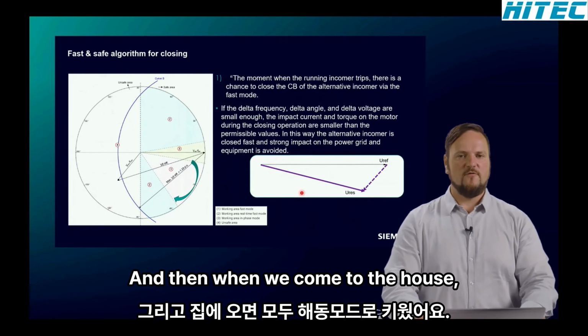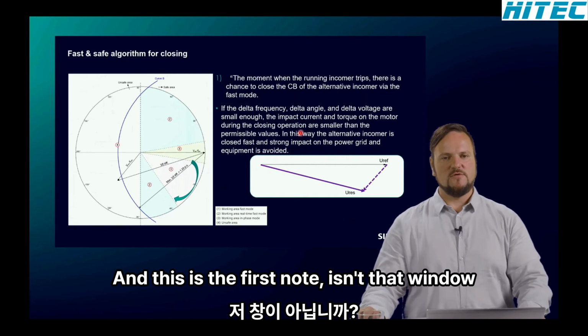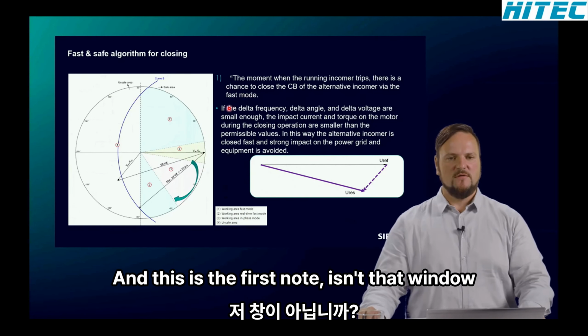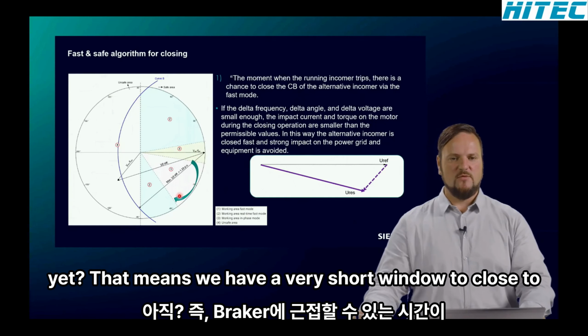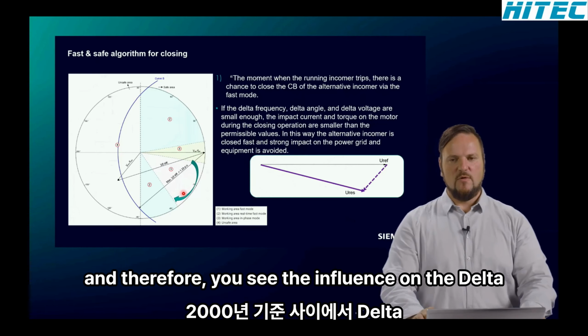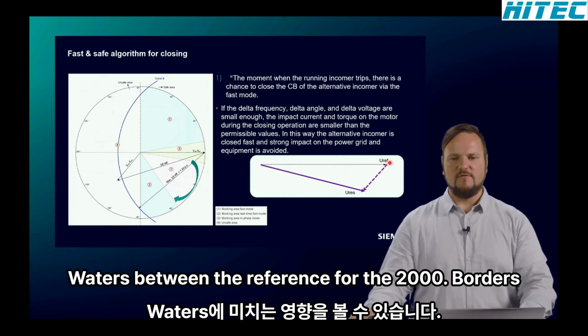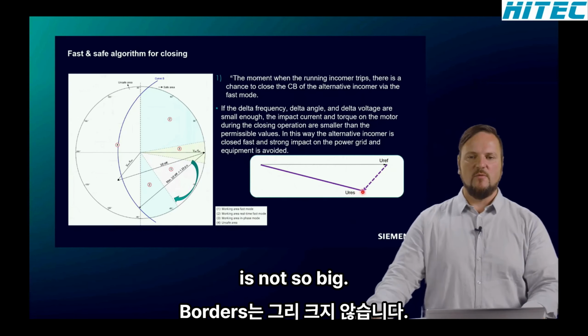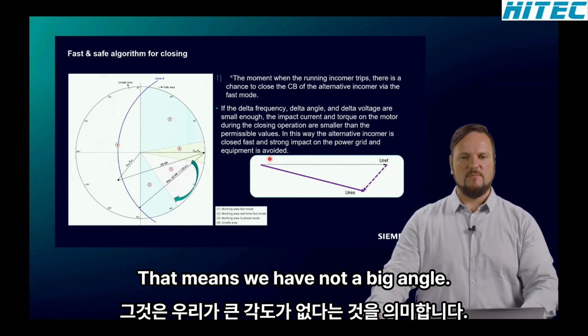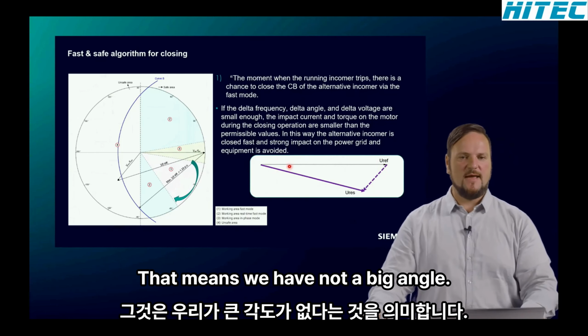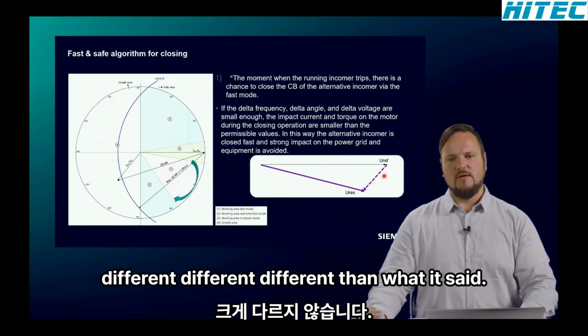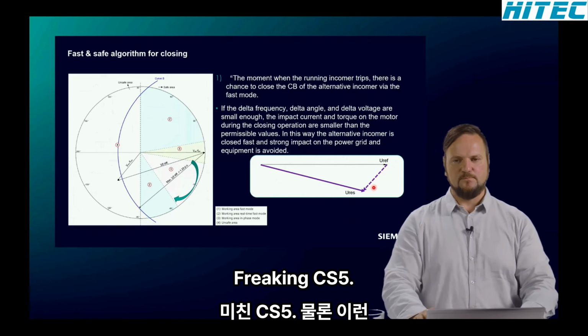When we come to the first algorithm, or the first mode, this is the fast mode. Fast mode is in that window here. That means we have a very short window to close the breaker. Therefore, you see the influence on the delta voltage between the reference voltage and the residual voltage is not so big. That means we have not a big delta angle, and not a big difference in voltage and frequency as well.